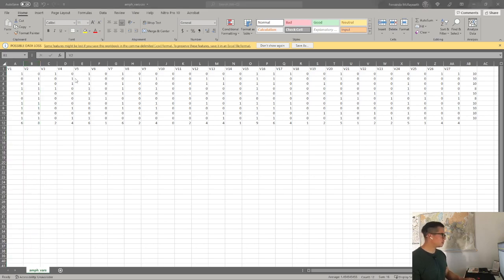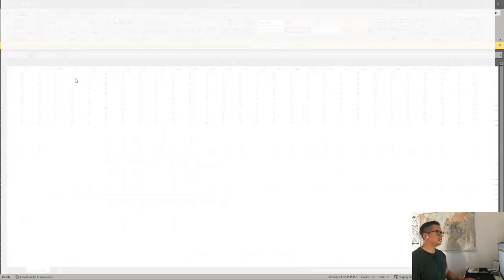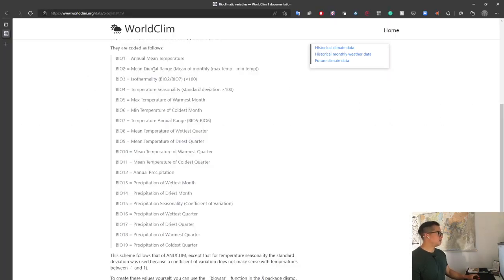Let's see what they mean. That's 2 and 15, let's say. Mean diurnal range, interesting, and then counting through to 15, precipitation seasonality.